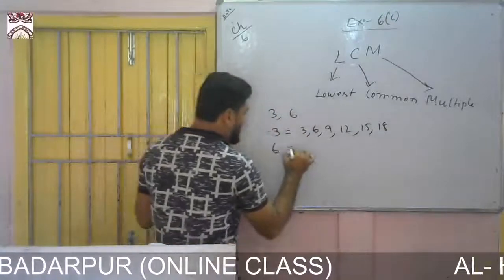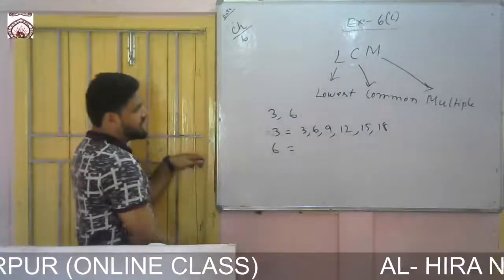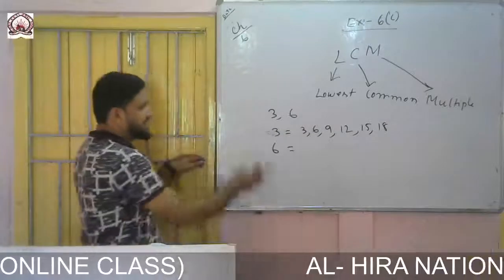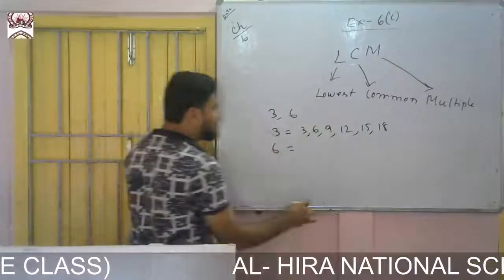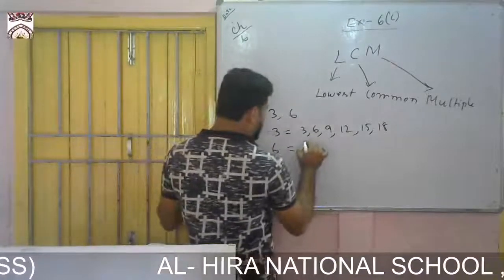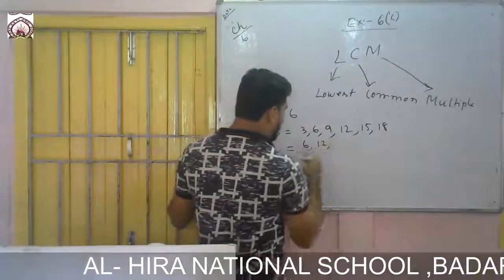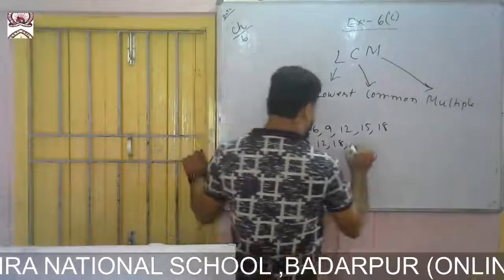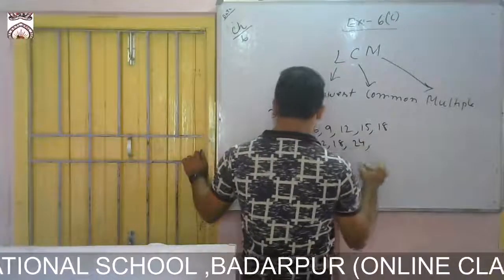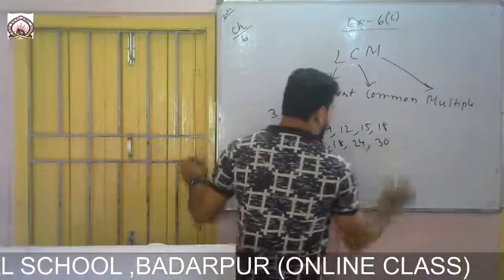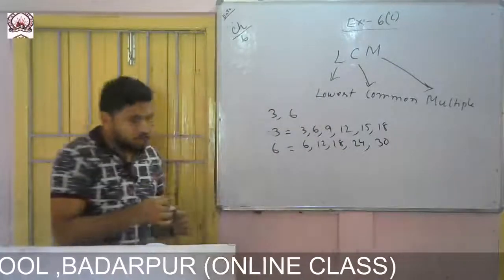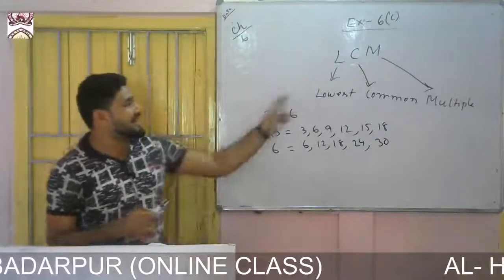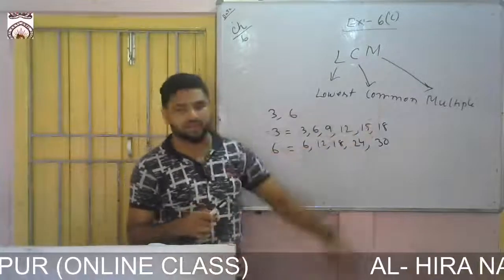Now if I write the multiples of 6, then what will come? 6 1 are 6, 6 2 are 12, 6 3 are 18, 6 4 are 24, 6 5 are 30.